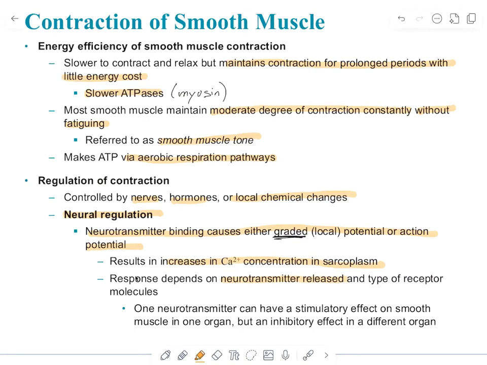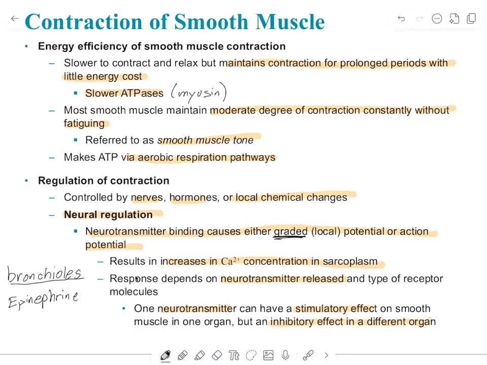So one neurotransmitter could be stimulatory or inhibitory on a different organ. One really good example of this is the bronchioles, which have smooth muscle in them. As you probably know, adrenaline, which is epinephrine, is used if somebody has an asthma attack, for example.